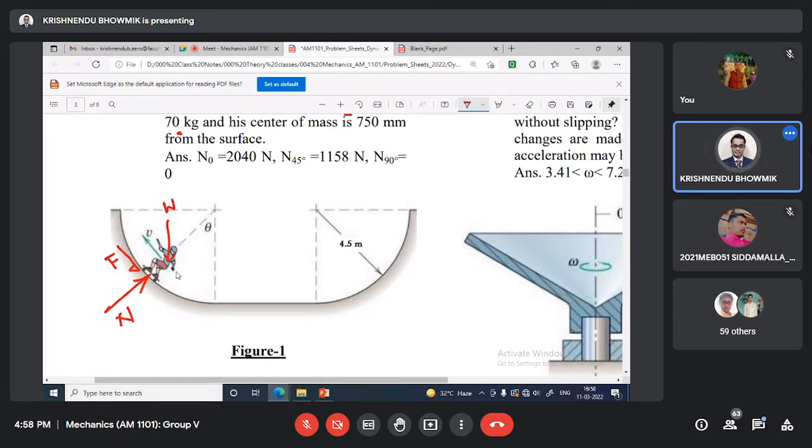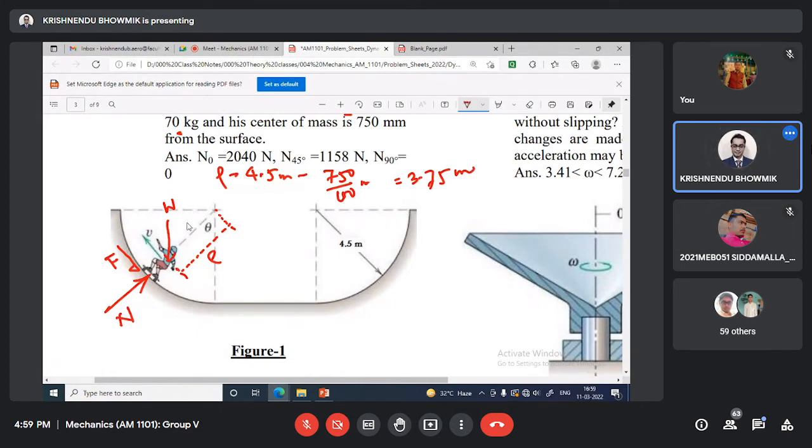This distance is rho. Rho equal to 4.5 meter minus 750 by 1000 meter, equal to 3.75 meter.